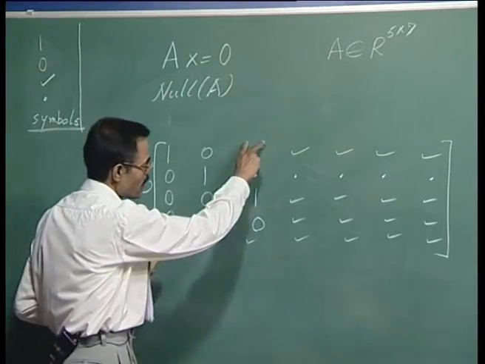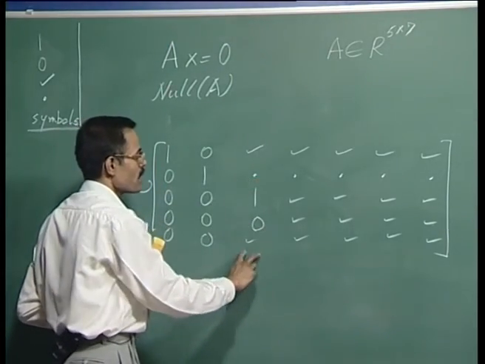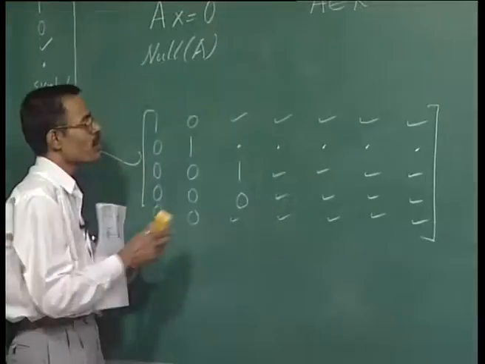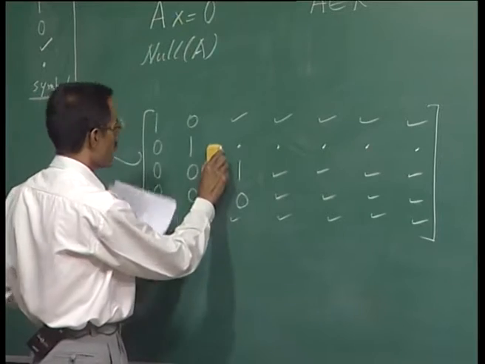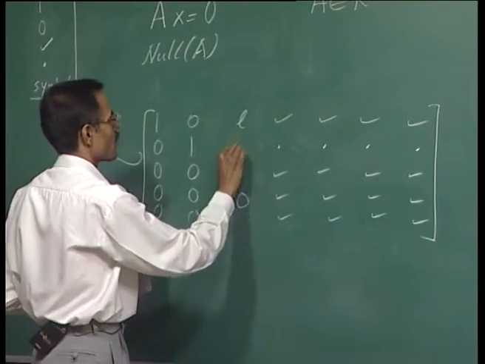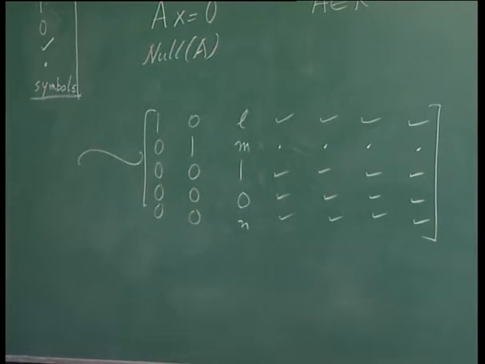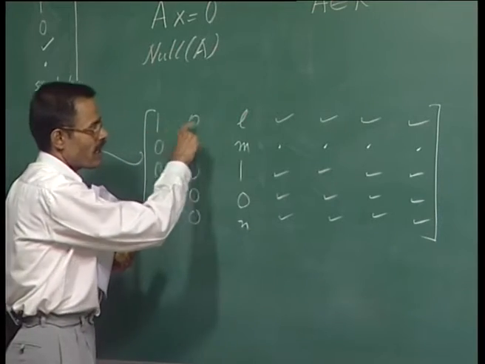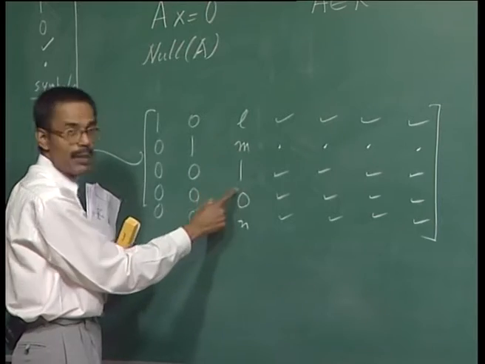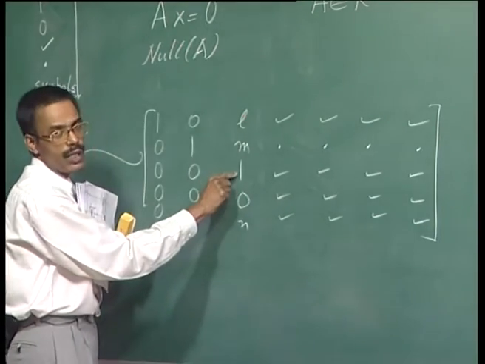Next, in this column, other than this 1, we want everything else to be 0. This fellow is already 0, other 3 we want to be 0. So, what are these numbers, by the way? Suppose they are L, M, N currently. Then what we do? We subtract from the first row L times the third row, subtract from the second row M times the third row, and subtract from the last row N times the third row.